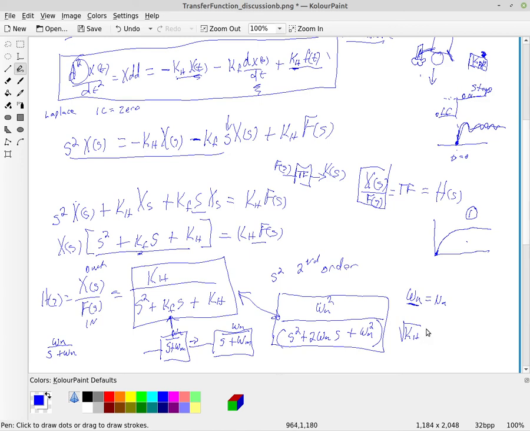If you take the square root of that, that gives you the natural frequency of oscillations of this system.